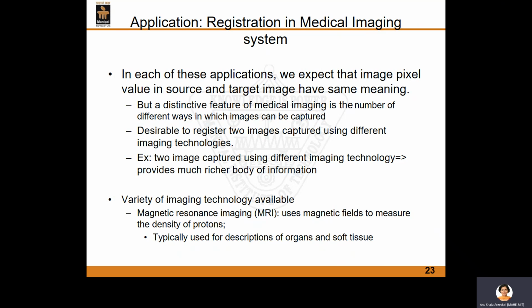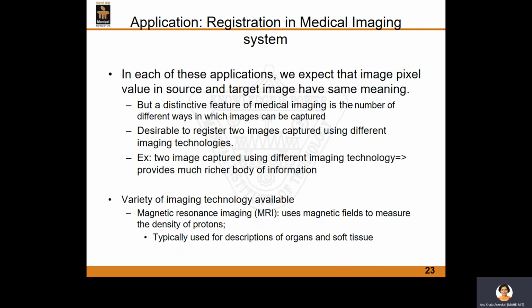So there is a difference between medical image registration and the registration techniques which we had studied earlier, right? In the earlier registration techniques, only the individual pixel values were considered.